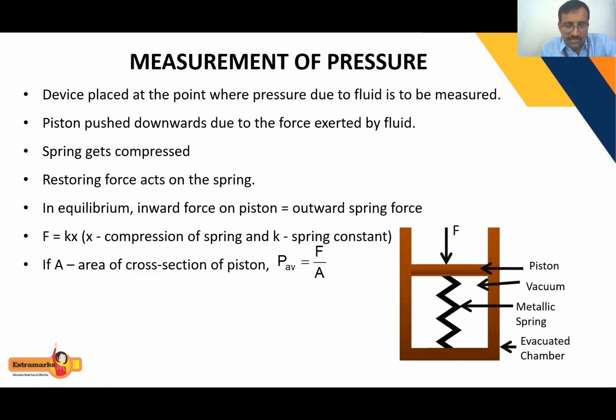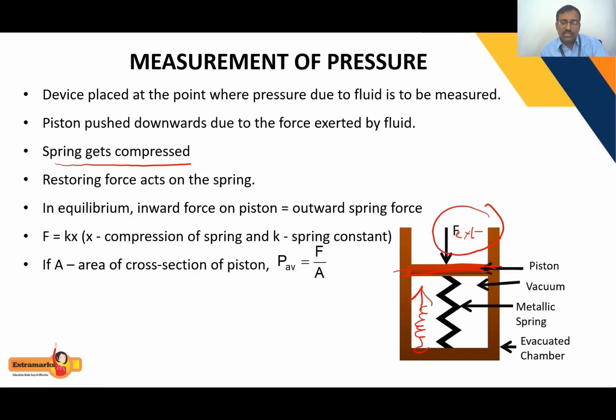Now how to measure the pressure? It is very clear. You see this experiment. If an external force is applied on this piston where the spring is connected, obviously this spring will be under compression. So here it is written, spring gets compressed. If I release this external force, now the spring is compressed like this. When I release, the spring will push the piston up.